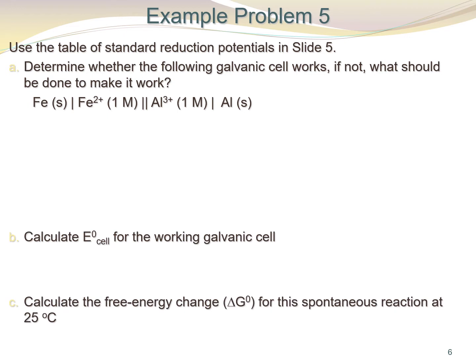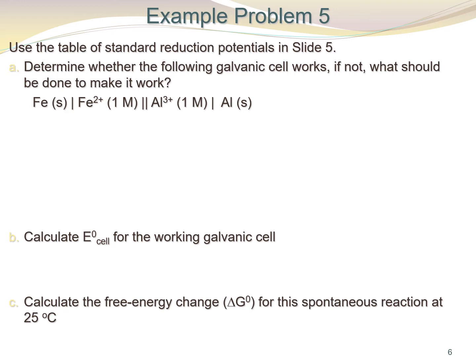All right, now let's get used to this standard potential a little bit more by working through this example problem. Here we're going to use the table of standard reduction potentials in the previous slide to answer these three questions.